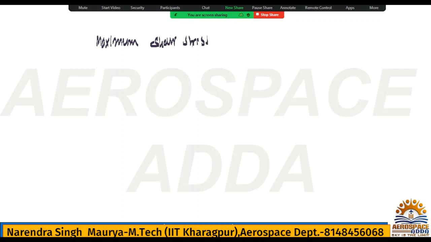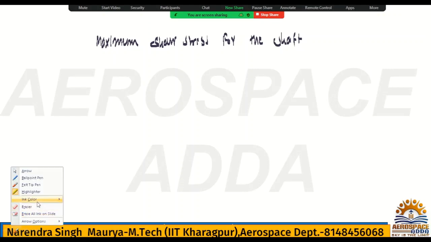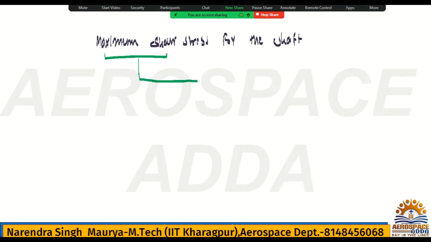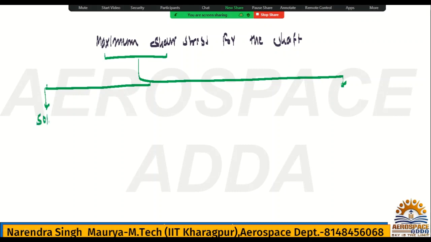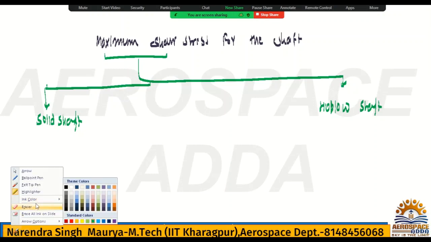Maximum shear stress you are going to calculate for both the solid shaft and the hollow shaft, and this is very frequently asked in exams.